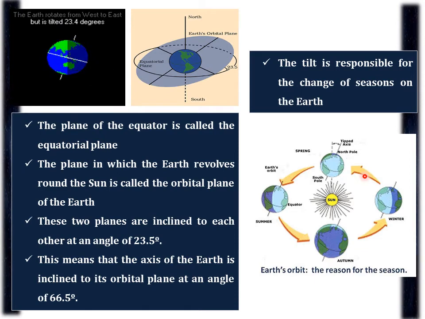Now if the northern pole tilts towards the Sun, then it is summer in the northern hemisphere. Now when the south pole tilts towards the Sun, then it is winter in the northern hemisphere. Hence we can say that the seasons change due to the change in the position of the Earth around the Sun. If you want to know more about this, message me in the comment section. I'll give you a detailed lecture about this.